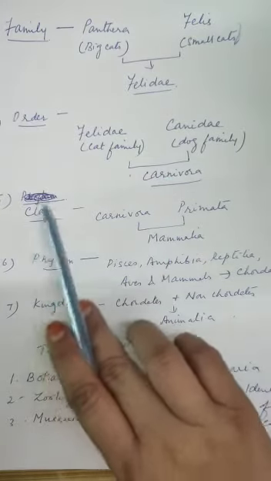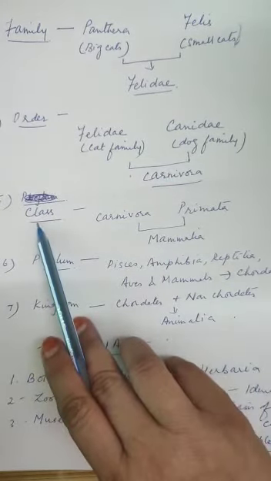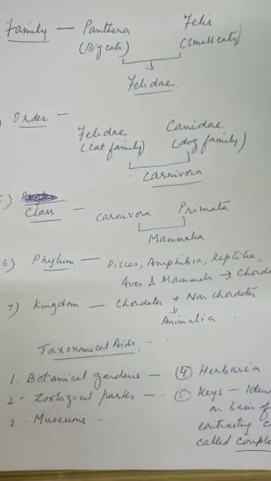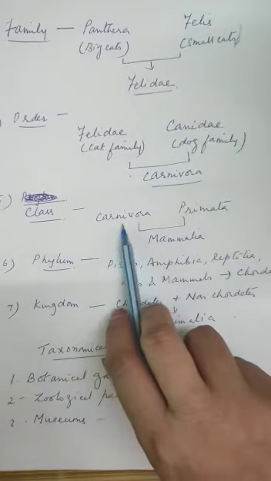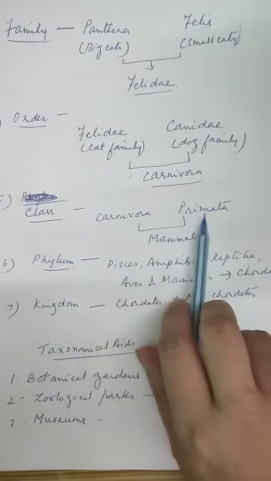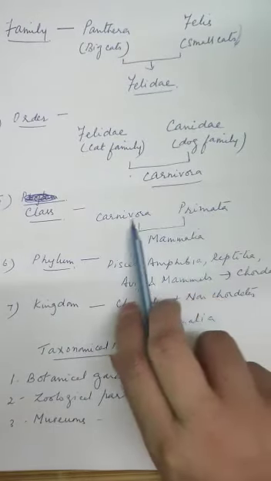Then in hierarchy, next we have class. In case of class, it has one or more related orders, and in this case you may have the example of the carnivores and the primates.